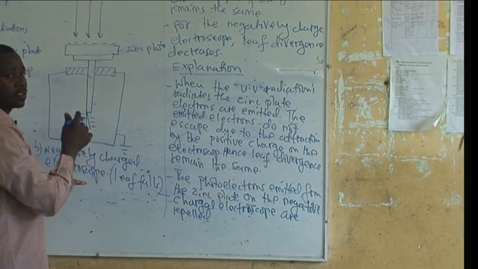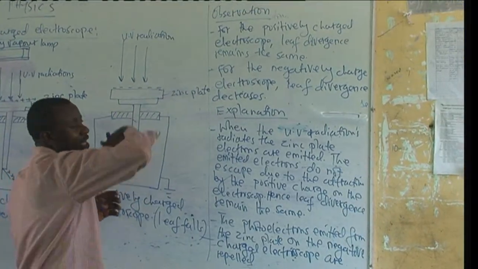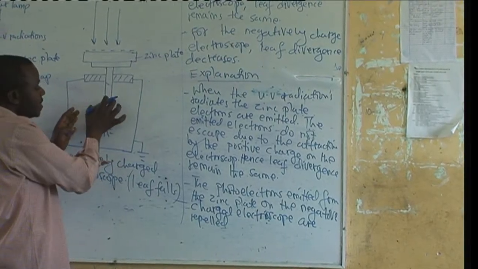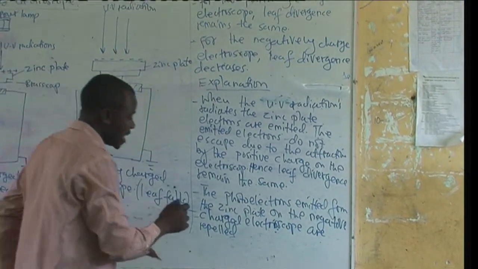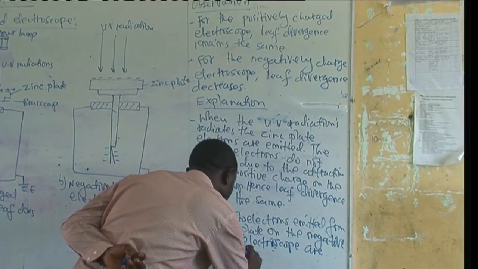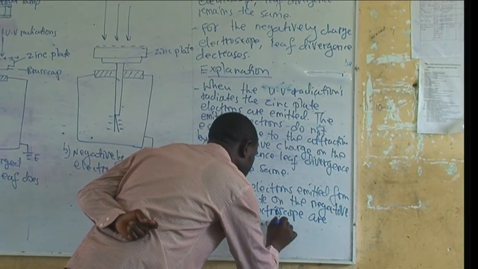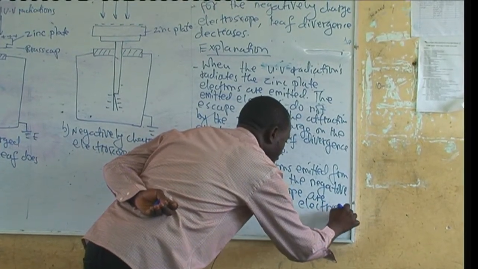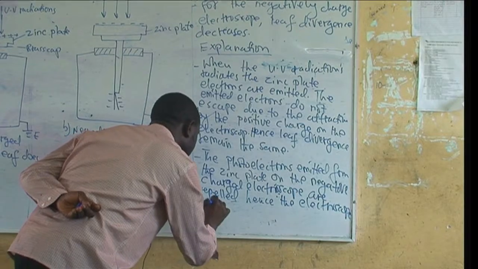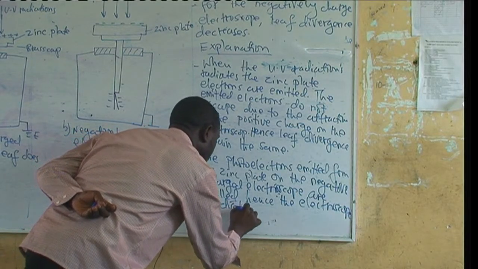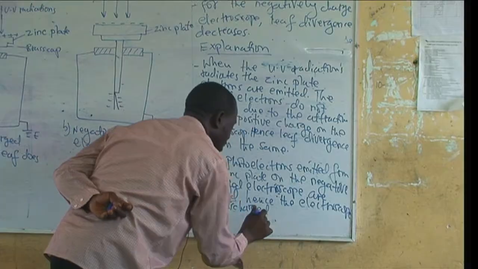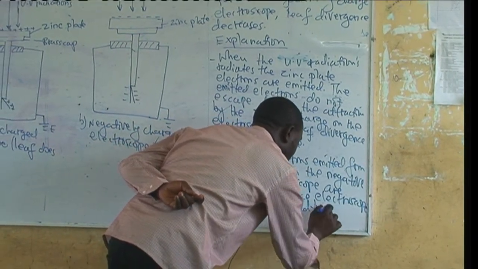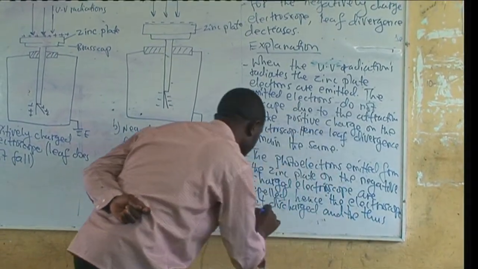That means they are emitted and then repelled away, so they get expelled from the electroscope. Hence, the electroscope gets discharged and the leaf falls.